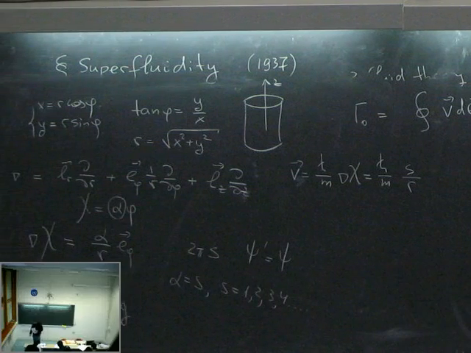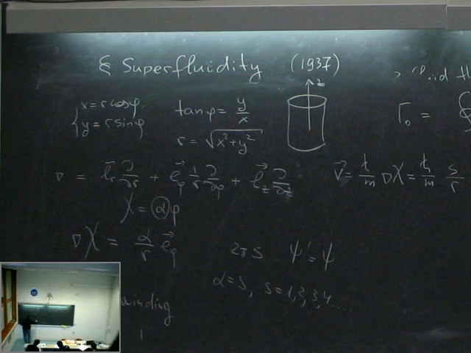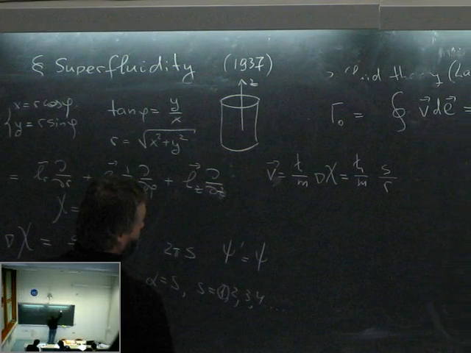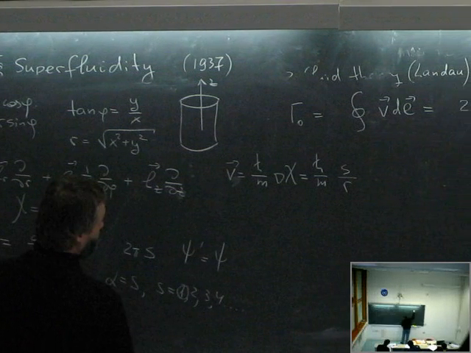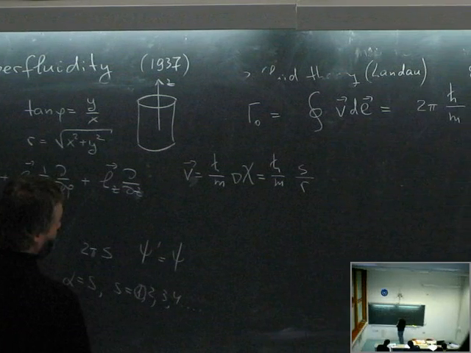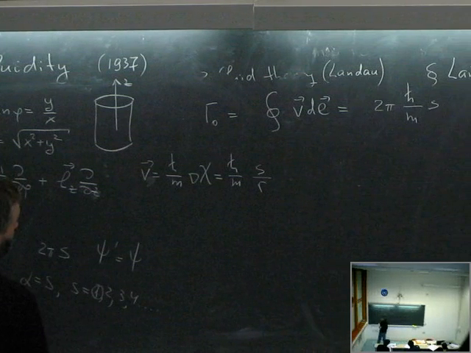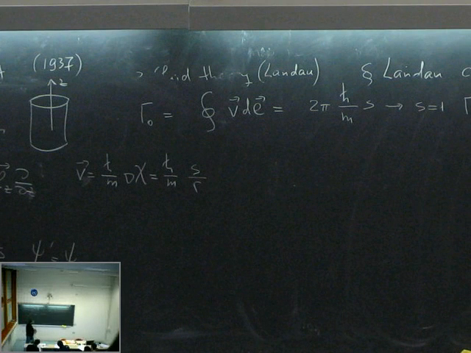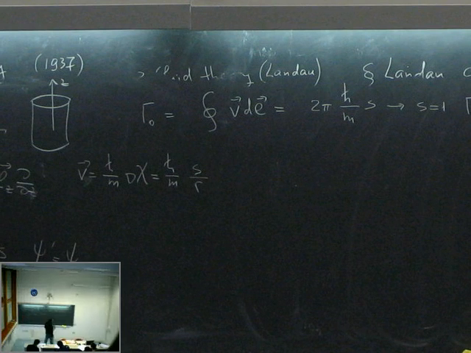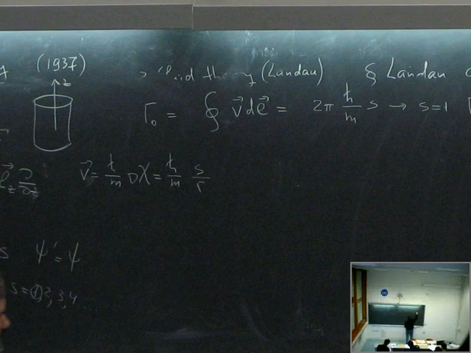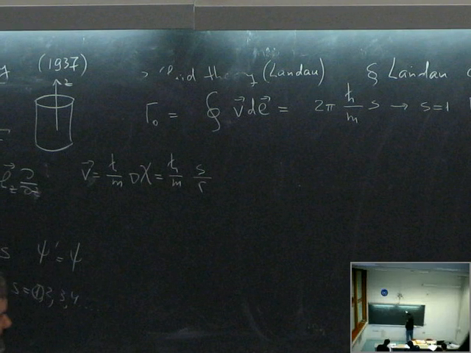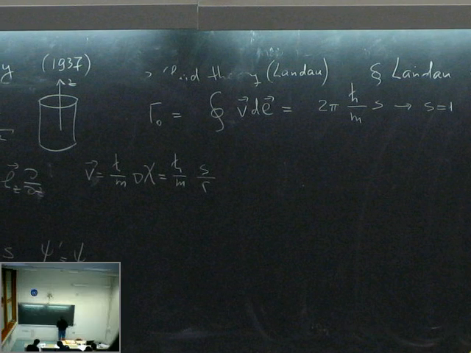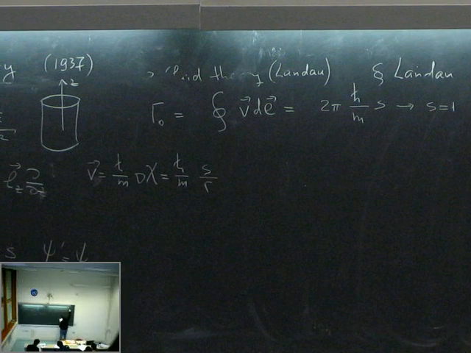If s takes the minimal value, and the minimal value is 1, then we have a quantum of circulation. If s is equal to 1, we have gamma naught. Let's understand how big the value gamma naught is. Let's plug in the constants. So gamma naught, first h bar times 2 pi is h without bar, it's 6 times 10 to the minus 27.